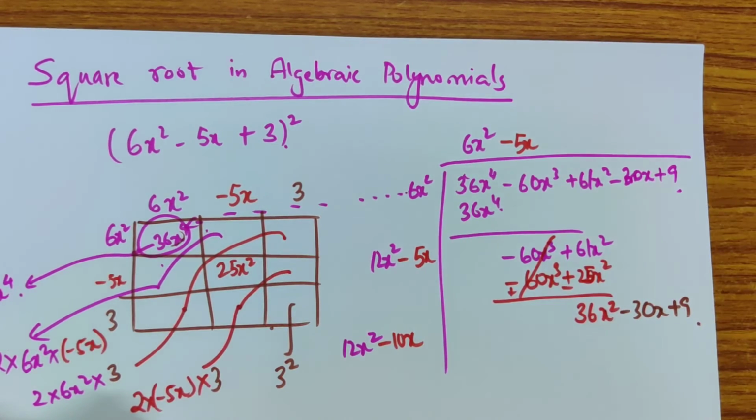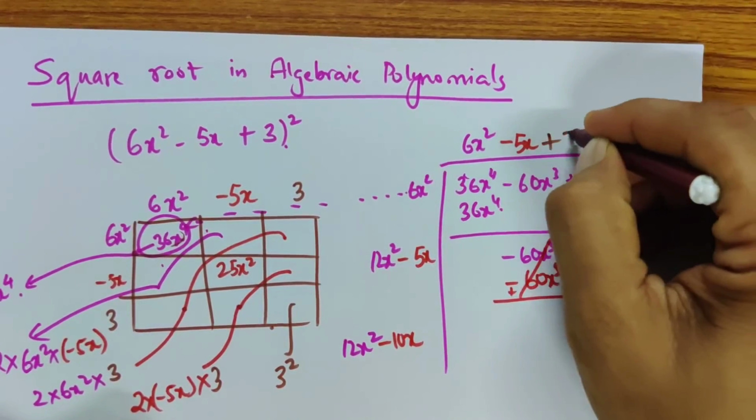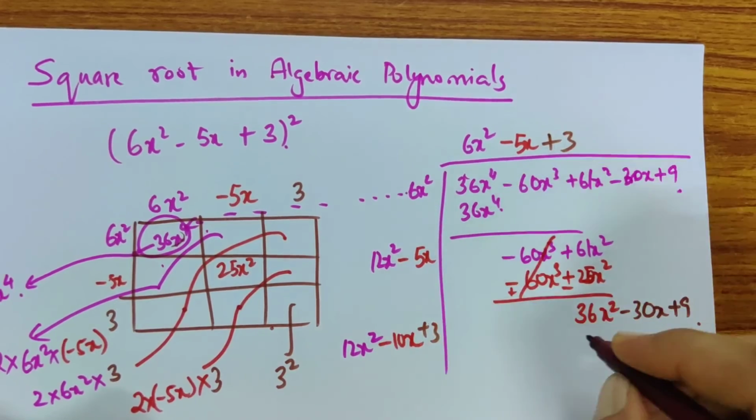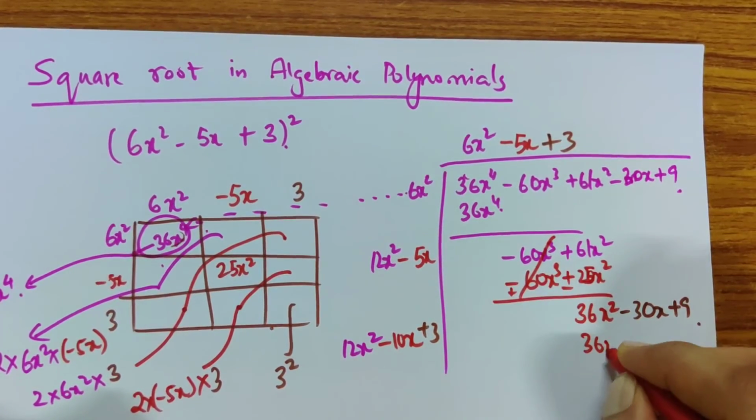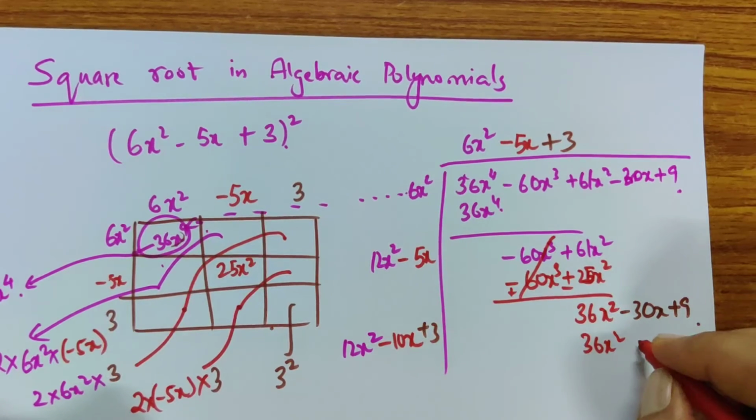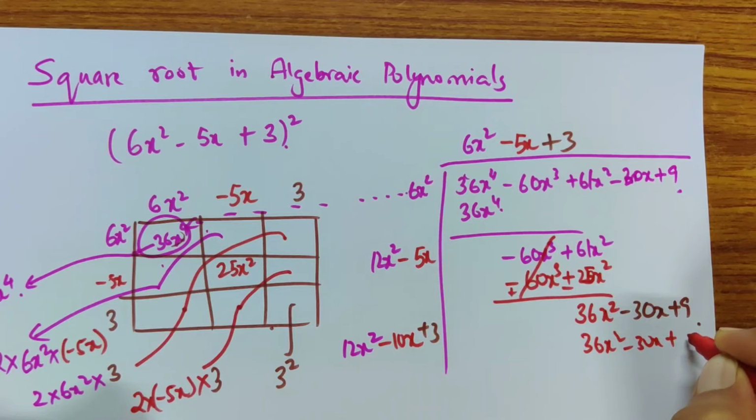And then you have the third term, right? To get 36, you need 3. So you basically do 3, and that gives you your 36x squared. And then you have, of course, your 30x. And because this is a perfect square, you'll also get the 9.